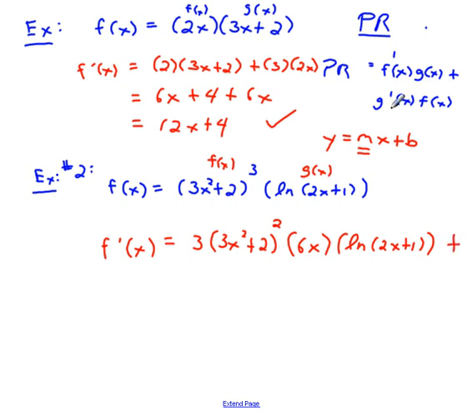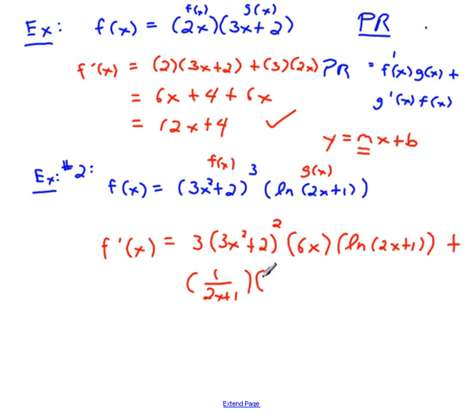Plus, let's do the second part of the product rule: g prime of x. So derive g of x. Remember, the derivative of a ln is 1 over the expression multiplied by the derivative of the expression itself. So 1 over the expression multiplied by the derivative of the expression itself.